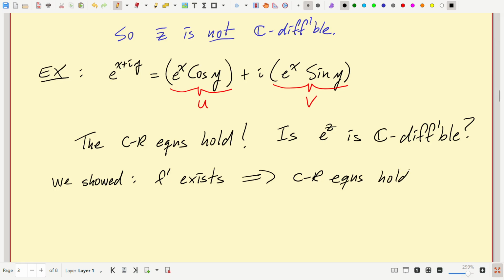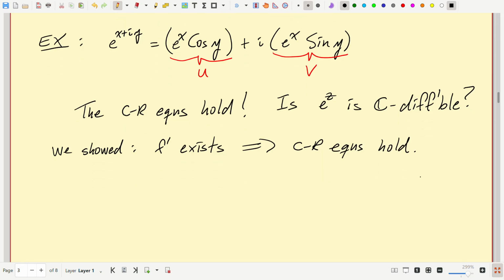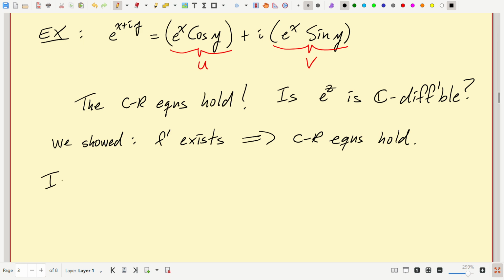The big question: is the reverse true? And the answer is yes, of course, but with some minimal assumptions that I'll describe right now.